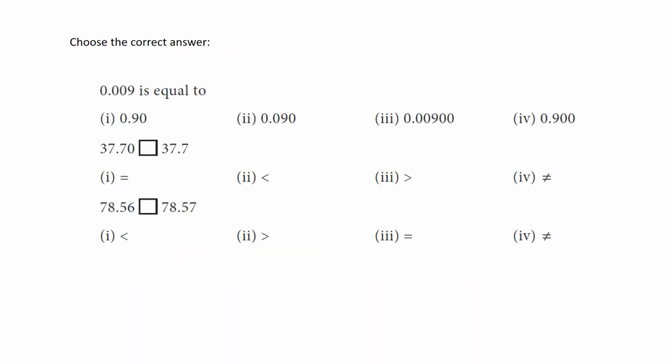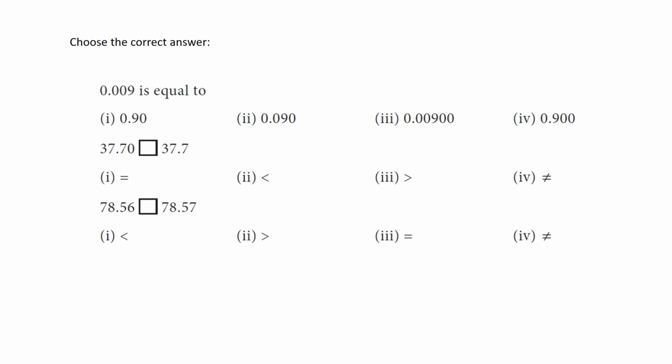Choose the correct answer. Here 0.009 is equal to, that is not equal, 0.90 does not come, here also not. Here you see the third option, 0.00900, because to the right side of that there is no value, so the third option is correct. Next question, 37.70 compare 37.7.